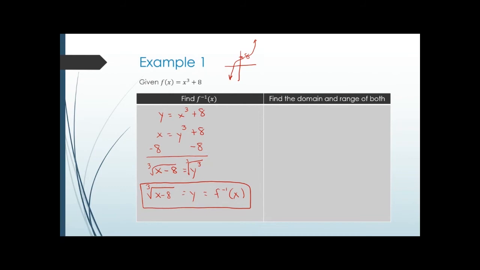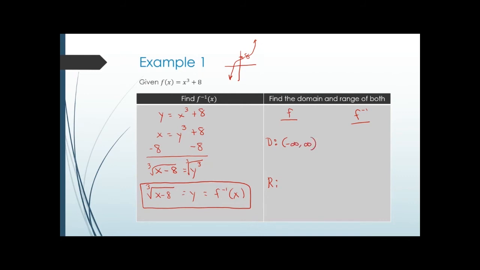Now next is to find the domain and range of both the function and its inverse. I'm going to use D and R to abbreviate domain and range. Our cubic function has a domain of all real numbers, that's negative infinity to positive infinity.